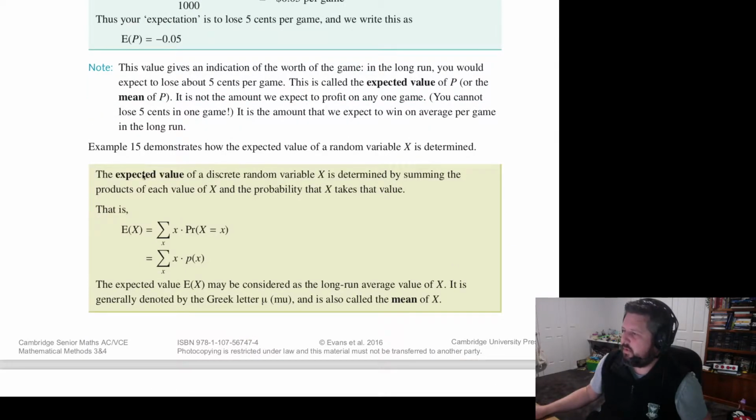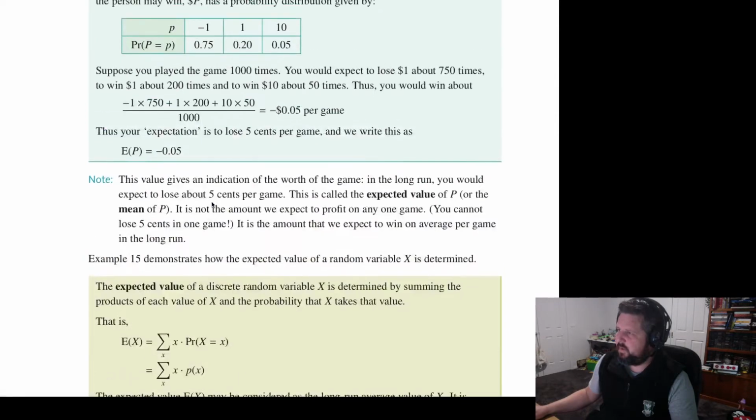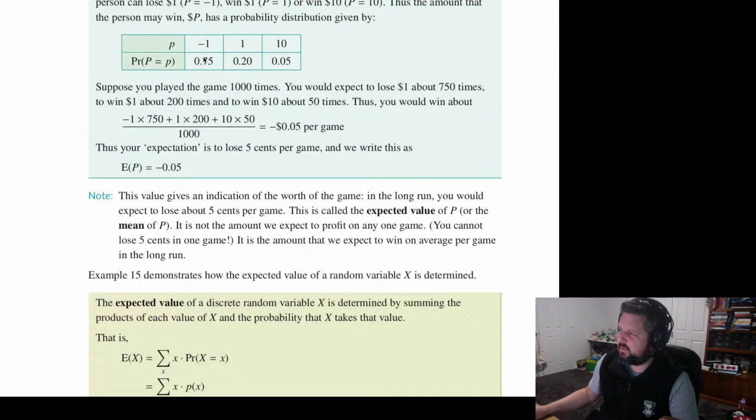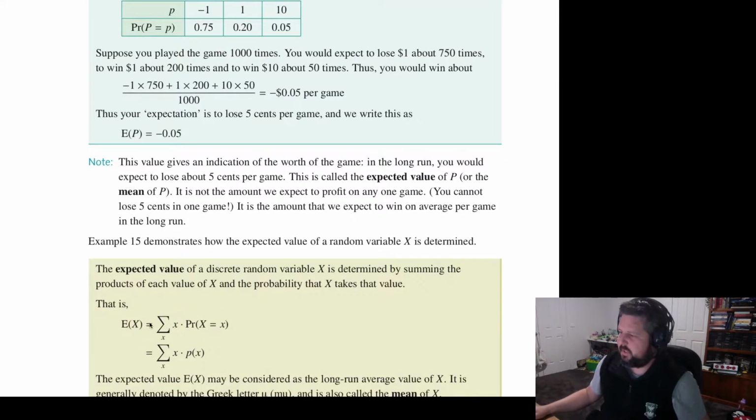So again, there is a formula for calculating this expected value. It says here the expected value of a discrete random variable x is determined by summing the products of each of the values of x and the probability that x will take that value. So what you're doing is you're multiplying each of these together and then summing them together, and that's how it's written here.